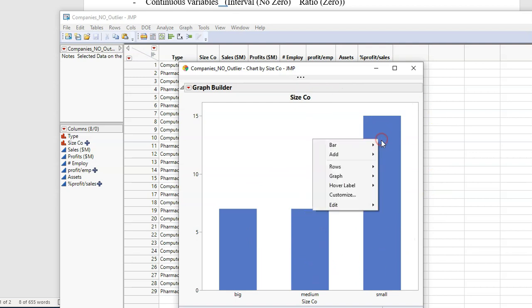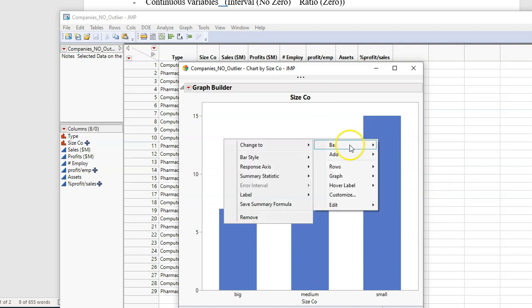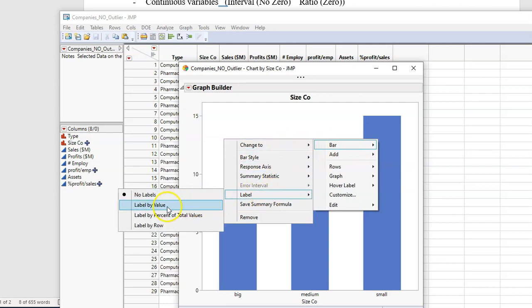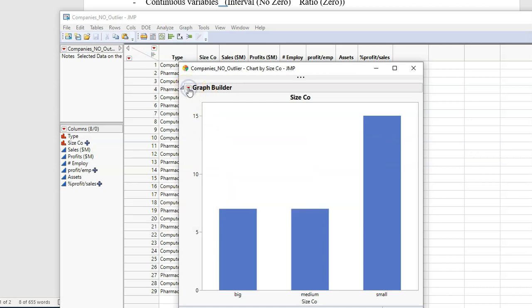If you want to add labels, just right click, probably on the bar, label, labels, right? Label by value or percent. You can also change this to a pie chart.